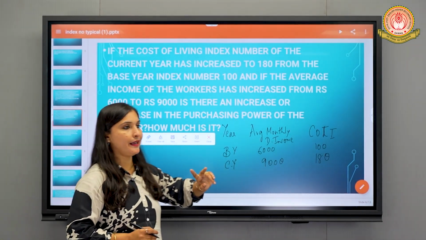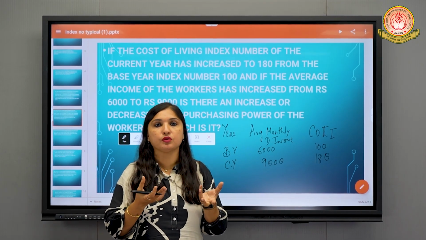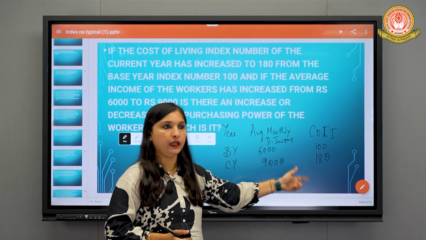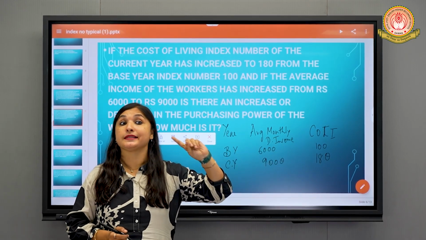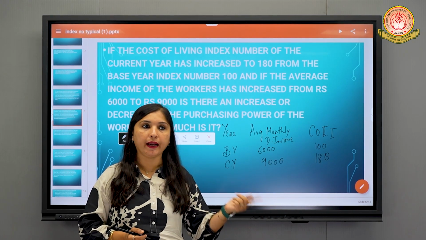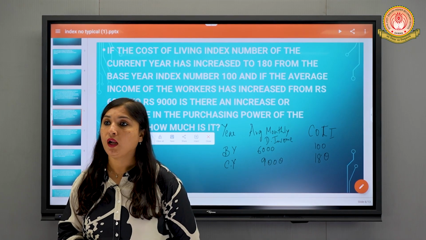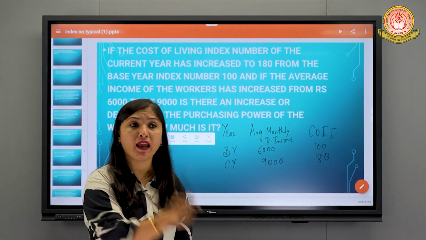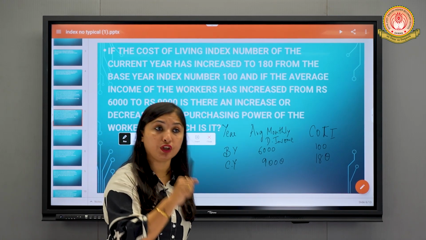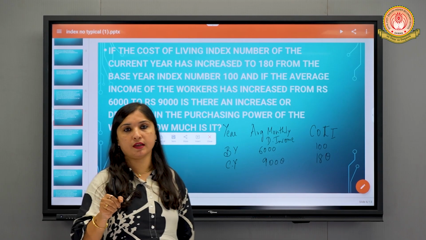Now, this question says that the cost of living has increased. The cost to sustain his life has increased from 100 to 180. That means his monthly income should also increase. His salary has increased from 6,000 to 9,000. Now we have to see whether this 9,000 is sufficient to sustain or not.